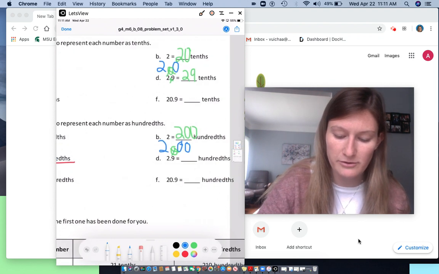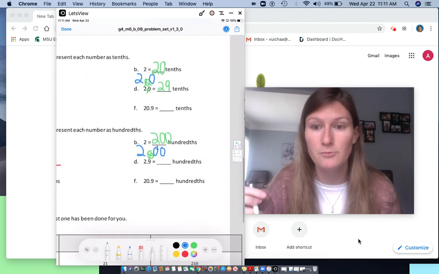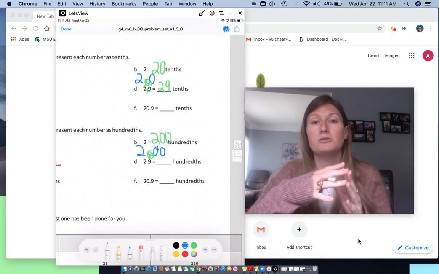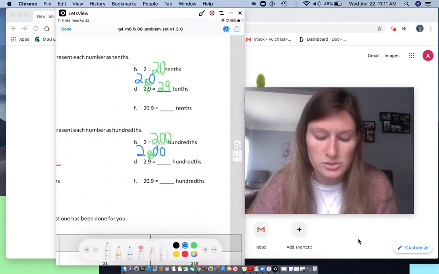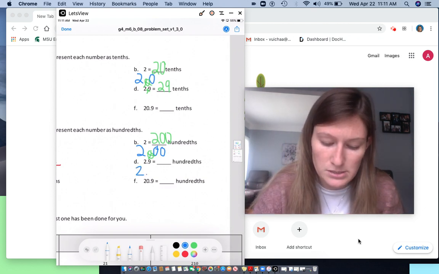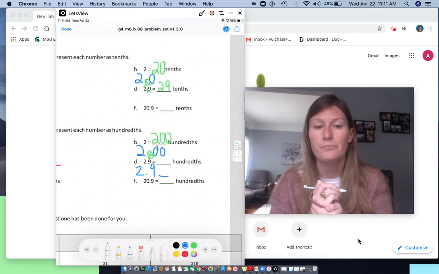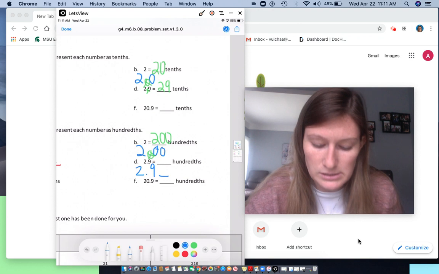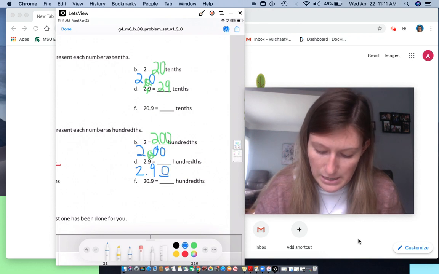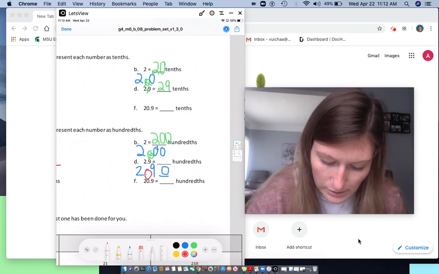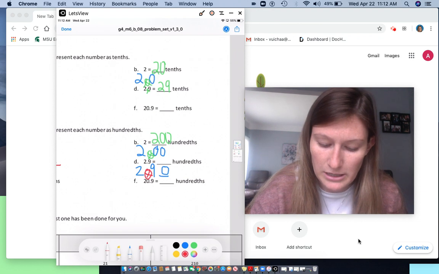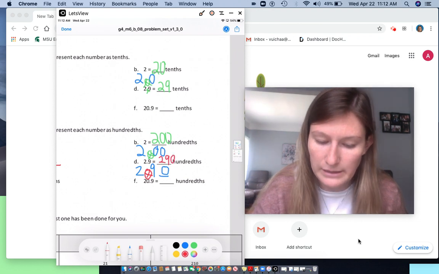Okay, our last one of today. Again, 2.9, we have to write that decimal all the way to the hundredths place. So we got 2 in our ones place, 9 in our tenths place, and what goes in our hundredths place? 0. Now we can take away our decimal point, and our answer is 290.